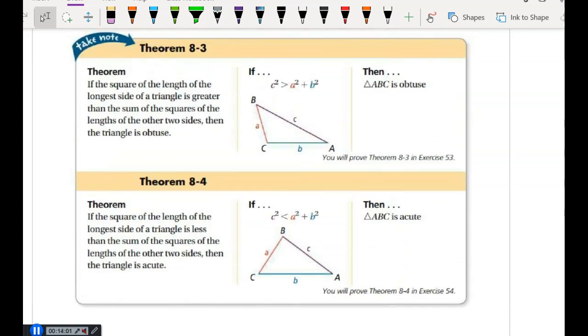So let's go back and review. What is the definition of an obtuse angle? That's an angle that's greater than 90 degrees.